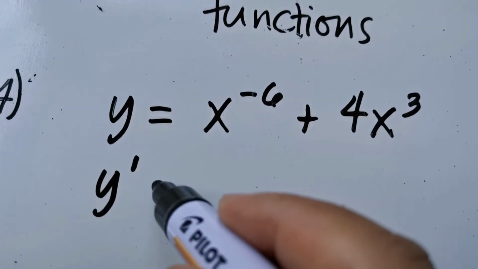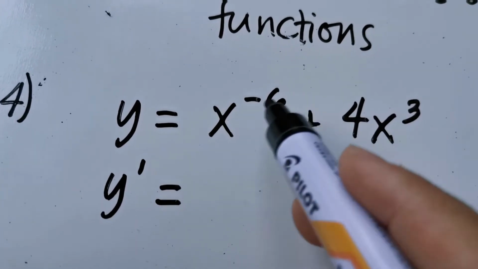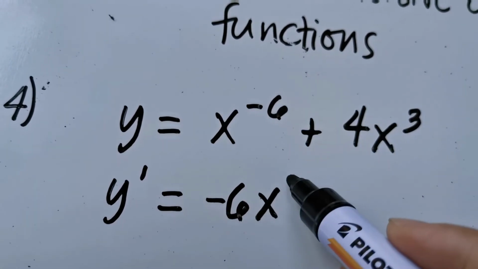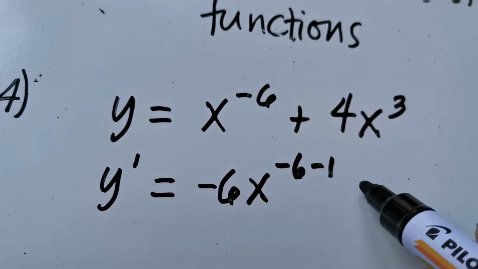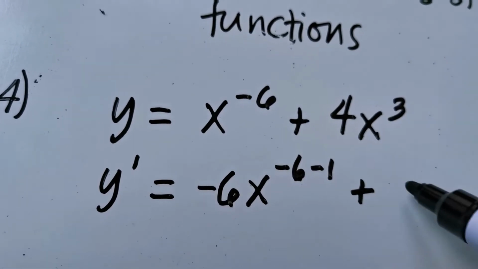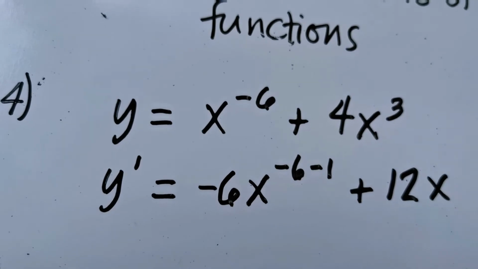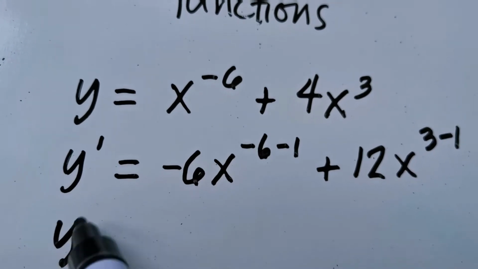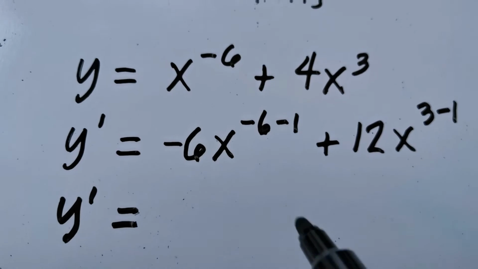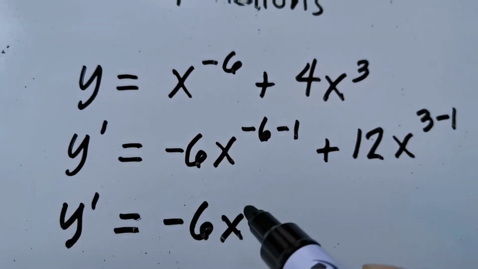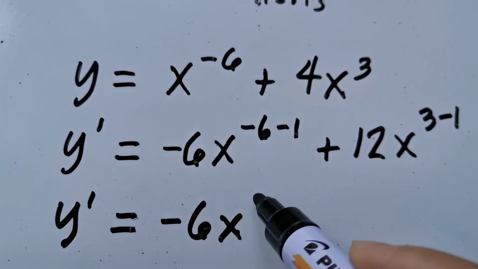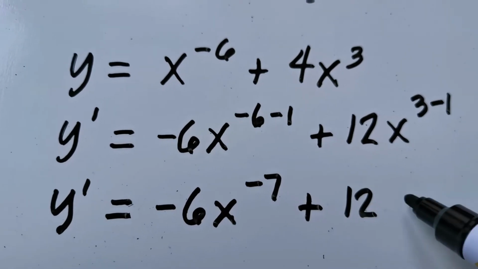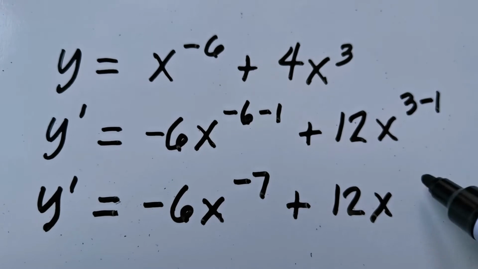We have y prime is equal to negative 6 x raised to negative 6 minus 1, plus we have 3 times 4, we have 12x, then we have 3 minus 1. y prime is equal to negative 6x, negative 6 minus 1 is negative 7, plus we have 12x, we have 3 minus 1 is 2.